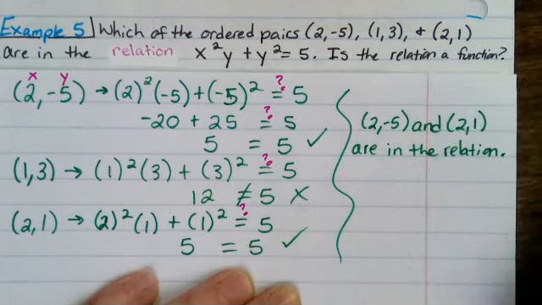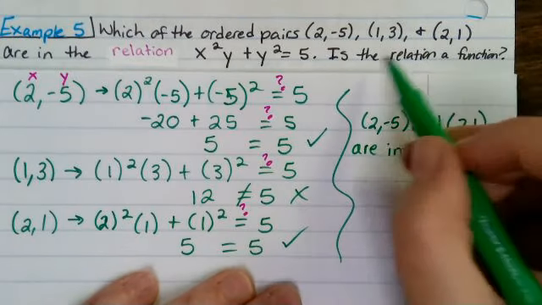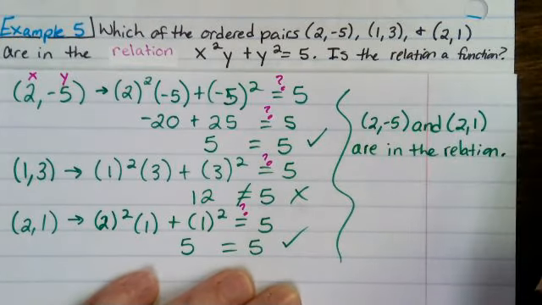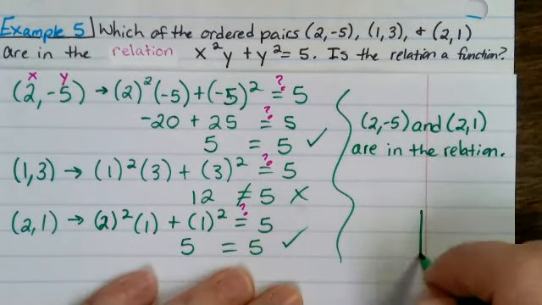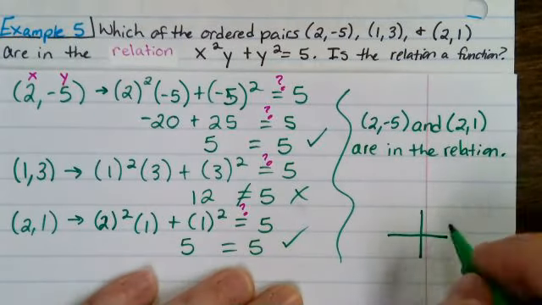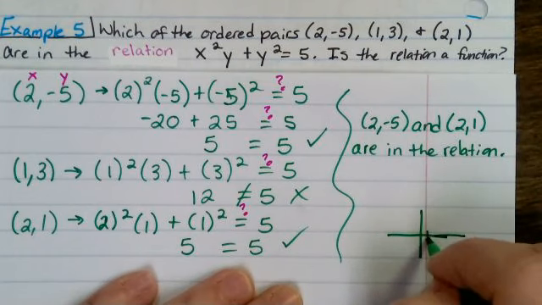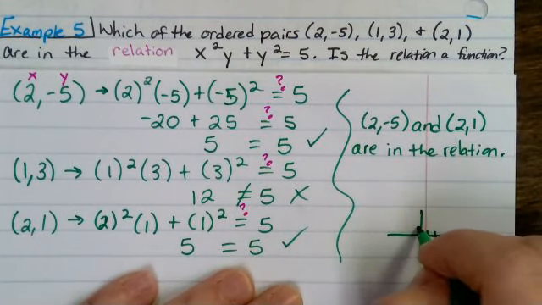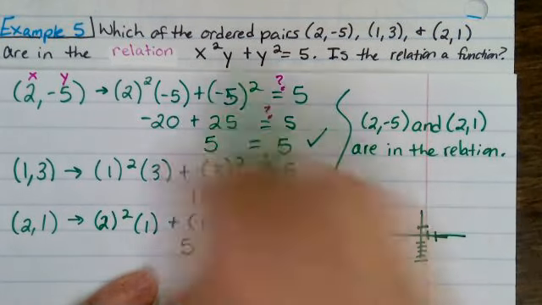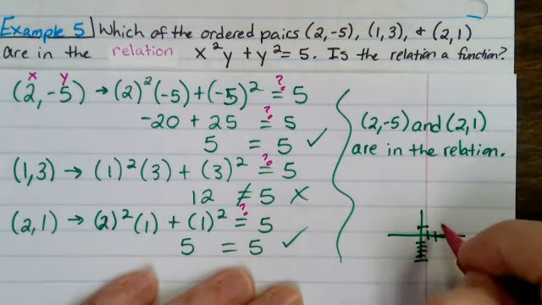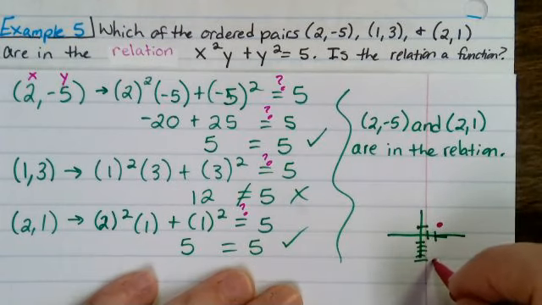Okay? But that doesn't answer the whole question, because the last thing says, is the relation a function? So we need to remember functions. If you were to graph this, I'm just going to make a little grid right here. If I were to graph these points at (2, 1) and (2, -5), that would be here and here.